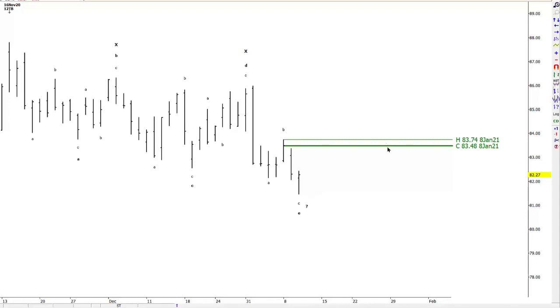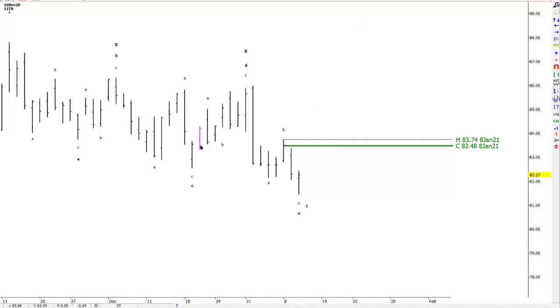So a close above 83.48 and a trade above 83.74 would put the market in a position to have completed the correction all the way down from this high. And where would our stop be if we close above here and trade above here? Well, it'd be whatever the low is prior to the close above the wave B closing high and trading high. So it'd be a very minimal stop with the potential for a significant gain, a continuation to a new high.